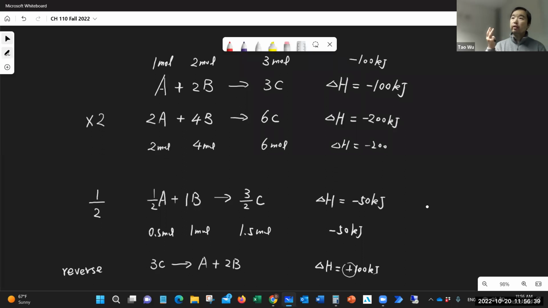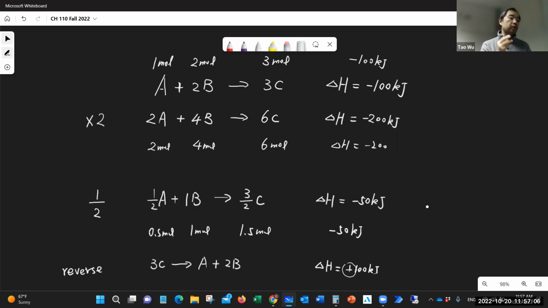So these are three different ways to manipulate chemical equations. If you multiply the coefficients by a number, the enthalpy of the reaction is also multiplied by the same number. If you divide the coefficients by a number, the enthalpy of the reaction is also divided by the same number.